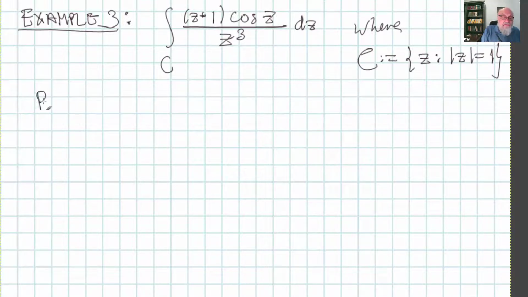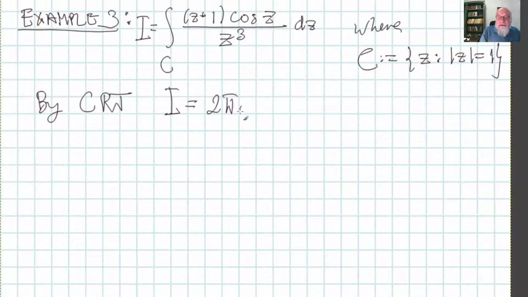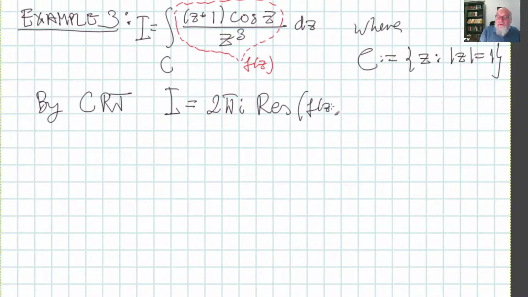And by the Cauchy residue theorem, we have this integral, call this one integral I. Integral I is equal to 2 pi i times the residue, and again call this function, for simplicity, f of z. So we get that this is the residue of this function at 0.